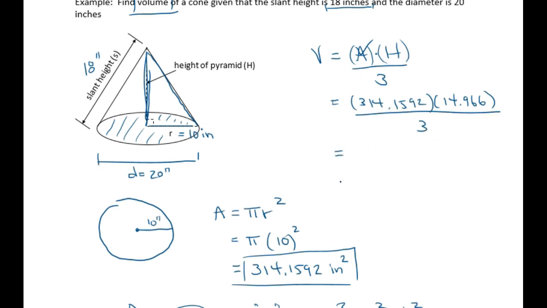So when I plug that into my calculator, I end up getting 1,567.3017, etc., and I'm just going to round that to 2 decimal places. So 1,567.30. It is a volume, so we put in inches squared times inches. So coming out, our value is going to be in inches cubed.